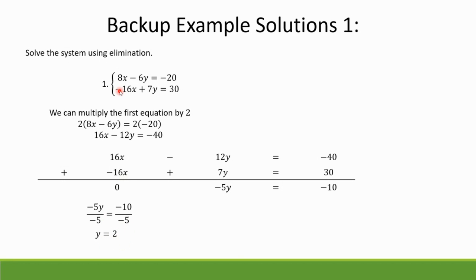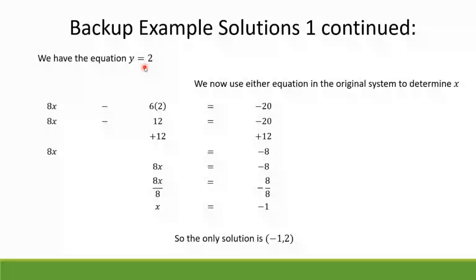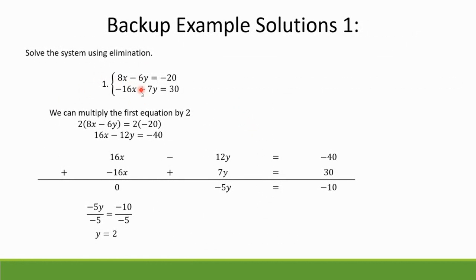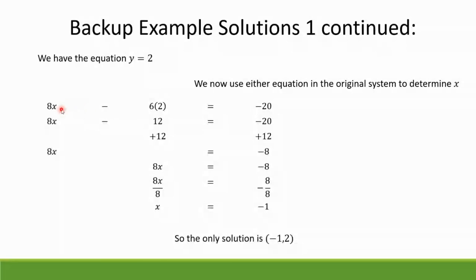Now that we have y, can we get x? Yes, we just take that y and plug it back into either one of the two equations. What I did here was use the first equation. You could use the second. I'm using the first, mostly because the coefficients are smaller. So we have 8x minus 6 times 2 is negative 20, so 8x minus 12 is negative 20.